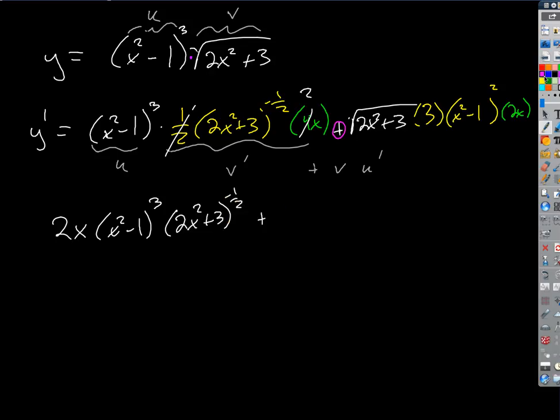plus, how about over here? Well, there's not a lot we can do there. We can just combine the 3 and the 2, which is going to give us a 6x. And then we've got an (x squared minus 1) squared times, if I want to write this as a power, wouldn't that just be (2x squared plus 3) to the 1/2?